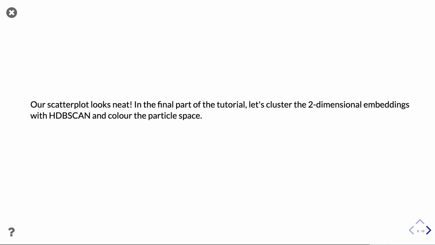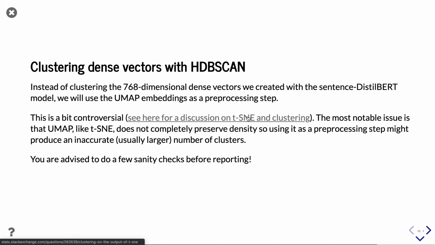So for the last part of the tutorial, let's cluster this two-dimensional space using HDBSCAN, and then let's explore it again. So instead of clustering the 768 dimensional dense vectors that we created with the sentence level Distilbert model, we will use the UMAP embeddings as a pre-processing step.